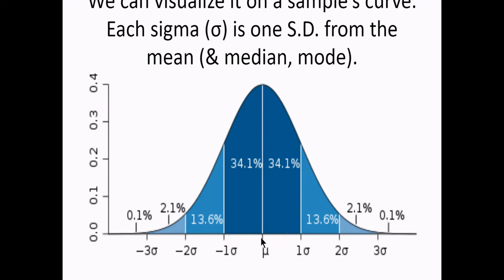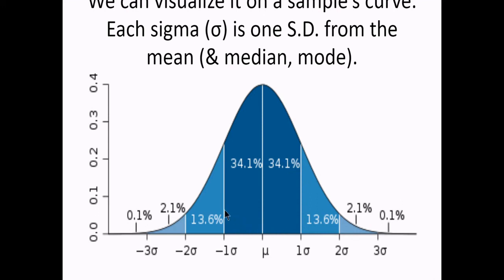To put it this way, 34.1% of cases below the mean fall within one standard deviation, and 34.1% of cases above the mean fall within one standard deviation, or 68%. So roughly 2/3 is what I meant. So a good chunk of the population is right there within one standard deviation of the mean. And mu right here is the mean, incidentally.